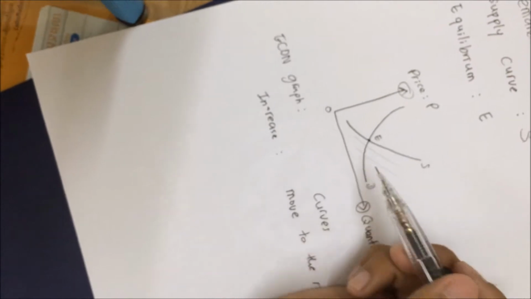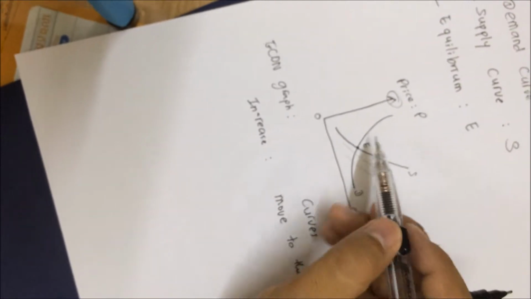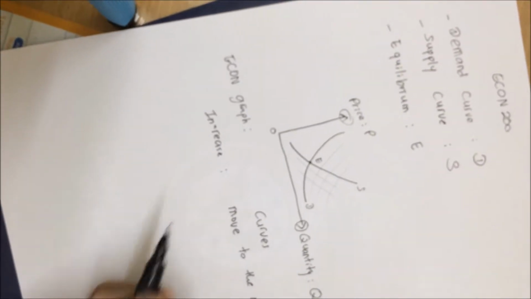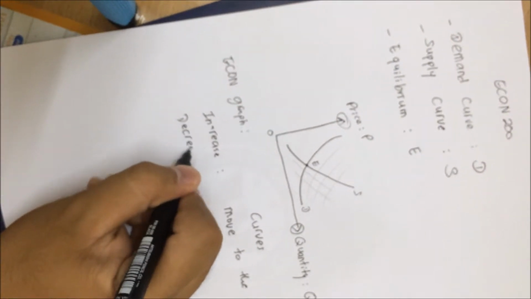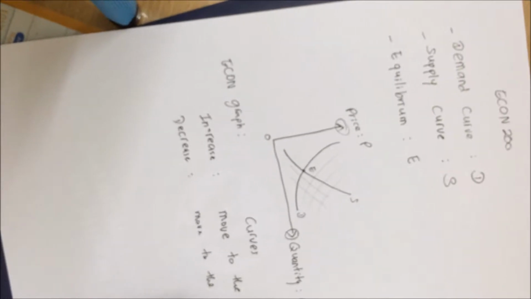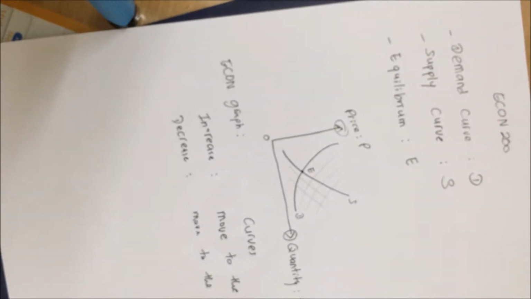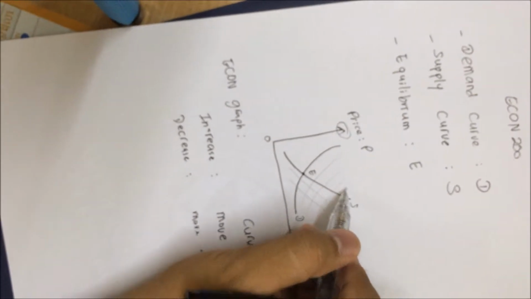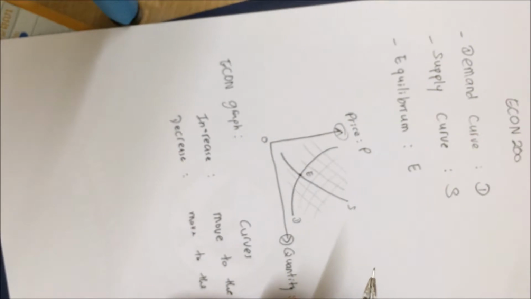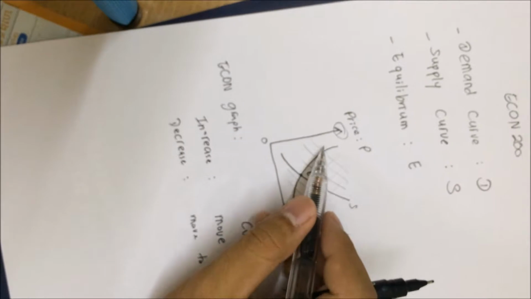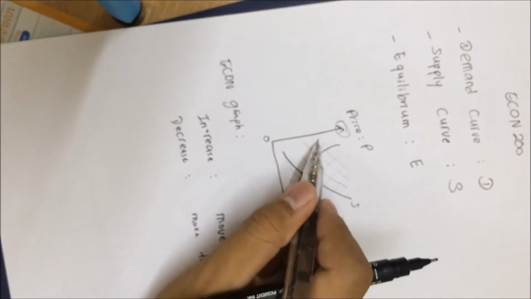If the demand curve increases, then it moves here. And if it decreases, then it moves to the left. Which means if the supply curve decreases, it moves to the left. If the demand curve decreases, it moves to the left here.